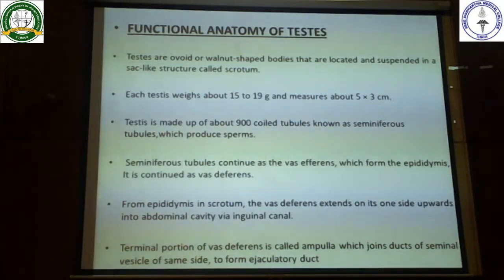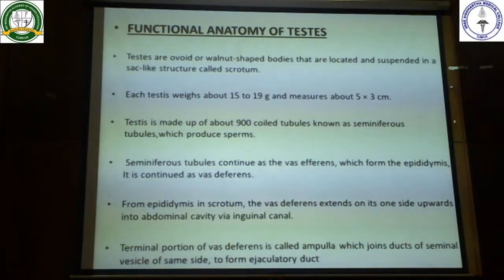From the rete testis arises the further portion called the vasa efferentia. About 6 to 8 vasa efferentia are present, which join together and form the epididymis.